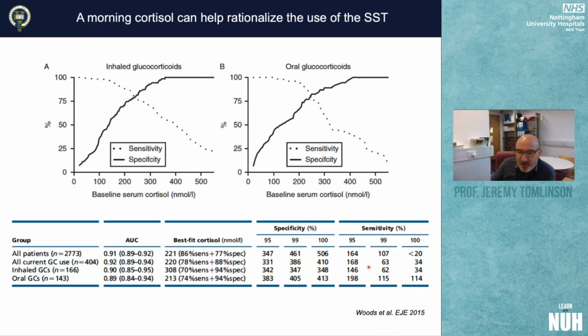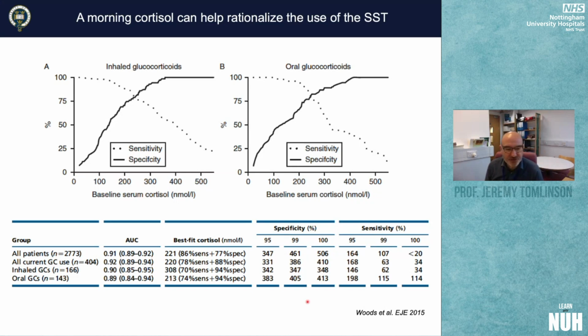We can't suggest for one moment that every patient needs to have a short Synacthen test. And again, this is a busy, complicated slide, and I'll try and summarize it. What we were trying to do with this data was ask: is there a simpler way to assess whether someone does or doesn't have adrenal insufficiency, based effectively just on a morning cortisol?